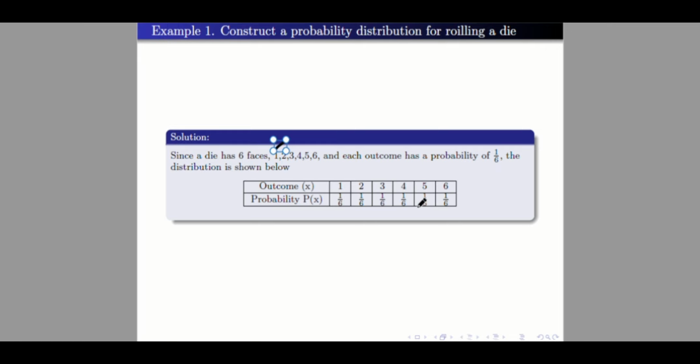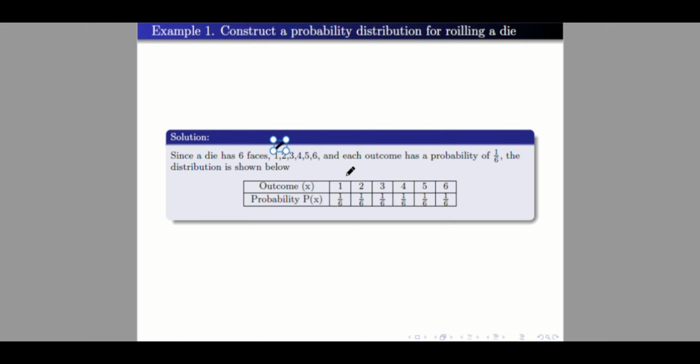To check whether this is a probability distribution, of course, we'll check the properties. The probabilities are all between 0 and 1 inclusive, so check. Of course, it's mutually exclusive: the outcomes cannot occur at the same time.